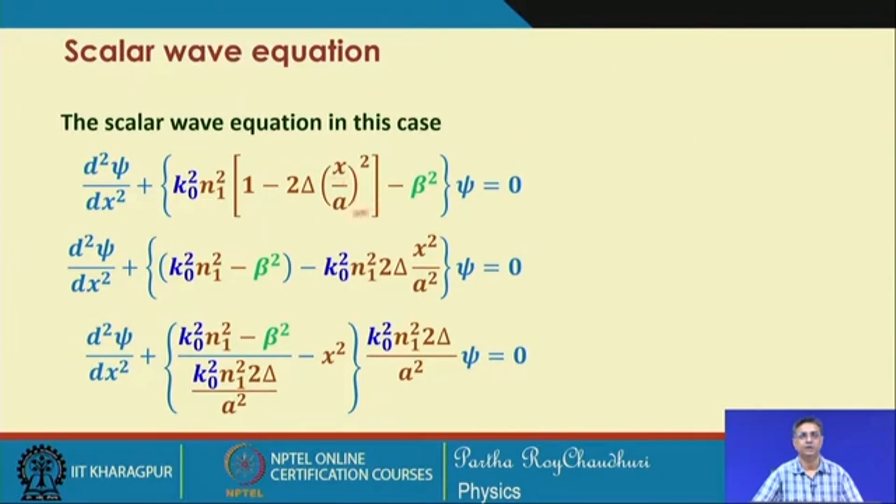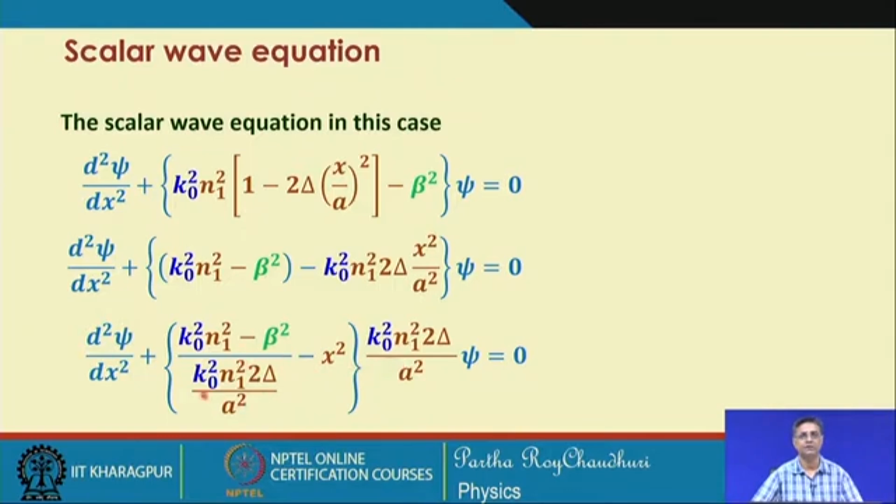If we simplify this, we can take k 0 square n 1 square and beta square together. The remaining part we keep separately. Then this quantity we divide by this one. It needs simple algebraic manipulation in order to get a known form of the equation.